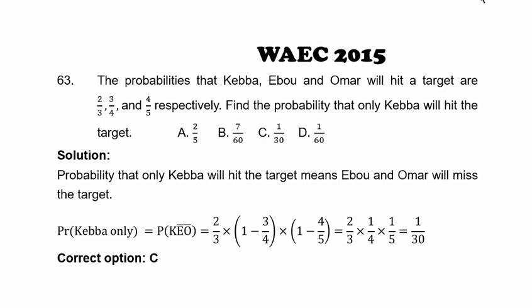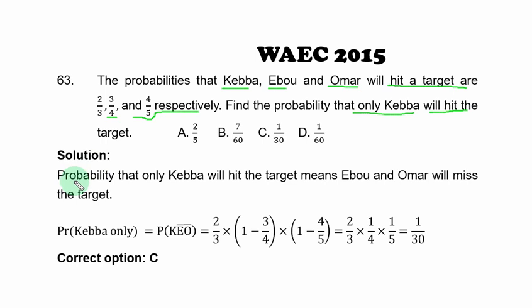Example 63. The probabilities that Keba, Ebwe, and Oman will hit a target are 2/3, 3/4, and 4/5 respectively. Find the probability that only Keba will hit the target.